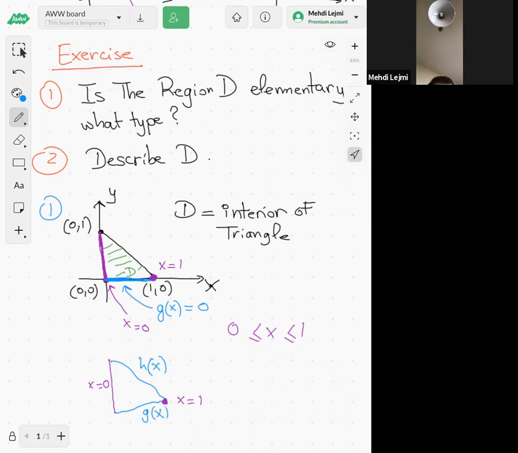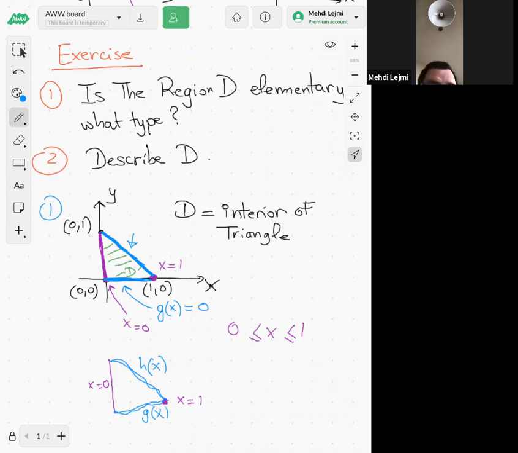The equation of the x-axis is y equal to 0. So at the bottom here, we have this function g of x equal to 0. Now, at the top, I have this h of x. So my h of x here is also a straight line. Of course, it's not the horizontal line, but it's a straight line. Now the question is, what's the equation of this straight line?